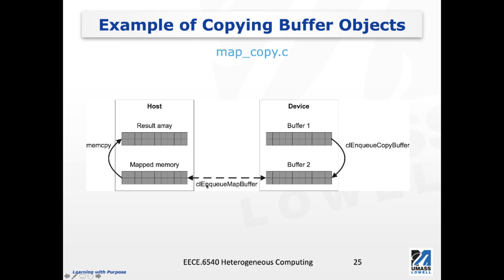Then we can use CL enqueue map buffer to map this buffer to some part of the memory space on the host side. By using this mapped memory pointer, we can then use memory copy to copy this mapped region, which is in fact the buffer, to itself. And the mapped data will be copied from this mapped memory region to the final result array.